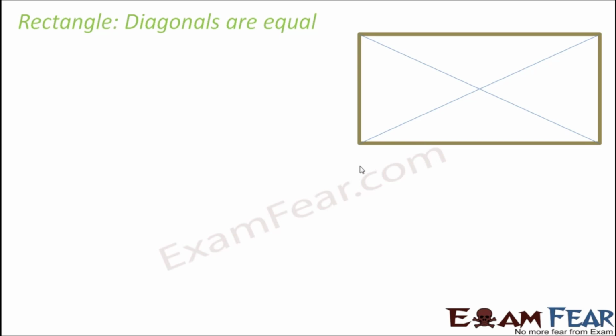For that we have considered a rectangle. Let's name it ABCD. The diagonals are AC and BD. Now let us consider two triangles, triangle ABD and triangle ABC. These are the two triangles that we consider.